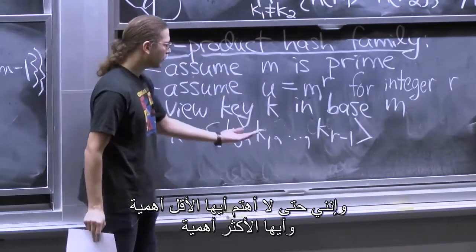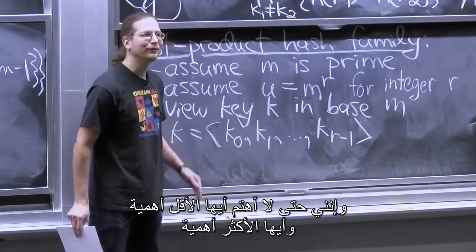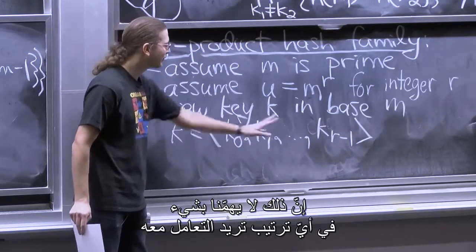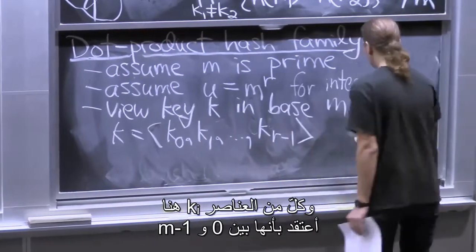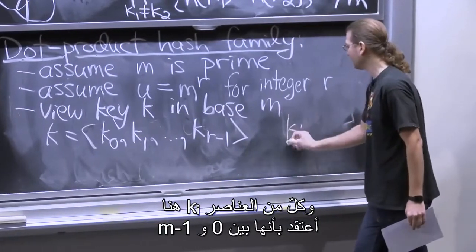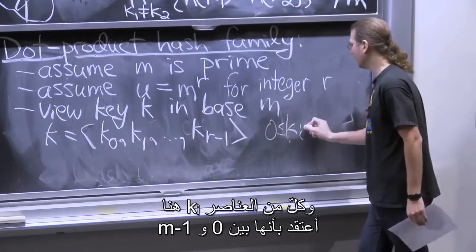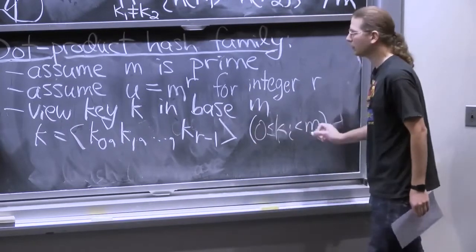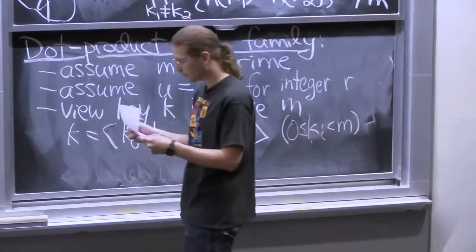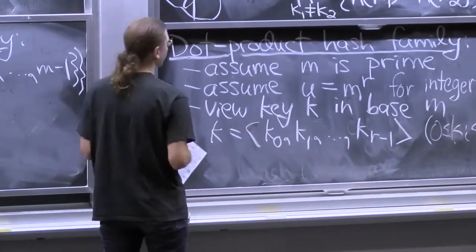And I don't even care which is the least significant and which is the most significant. That won't matter, so whichever order you want to think of it. Each of the k_i's here is between 0 and m minus 1. So far, so good.